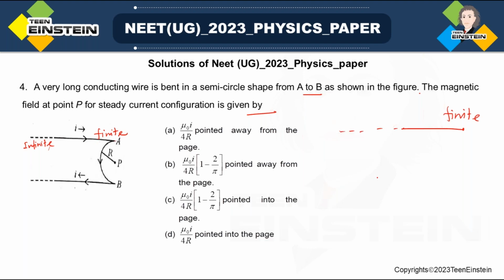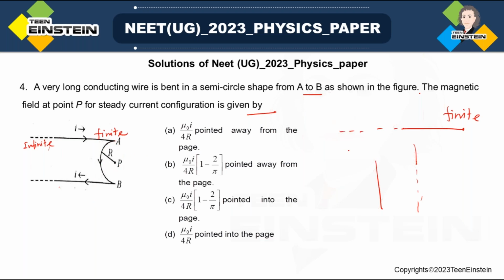So I can have a wire like a finite wire, one side finite, another side infinite. So this is called a semi-infinite wire. So these straight portions are actually not infinite wires; they are semi-infinite wires. Whereas this is actually an arc, a semicircular arc.